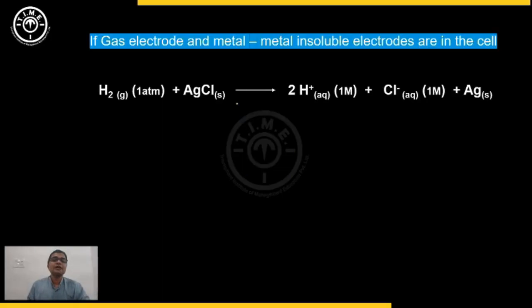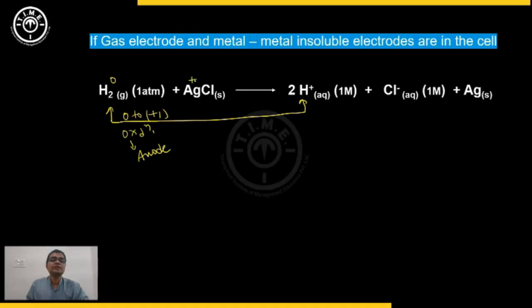Next, if a gas electrode and a metal insoluble salt electrode are connected in an electrochemical cell. Now what is happening here? Here hydrogen gas is oxidized, where the oxidation state changes from 0 to +1. Increasing of oxidation state is called oxidation. Oxidation takes place at the anode.